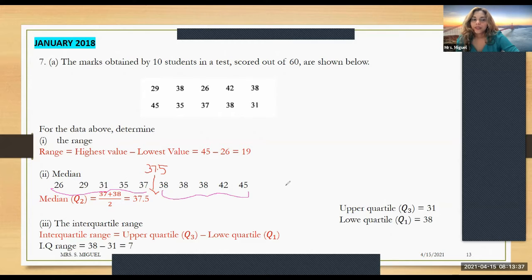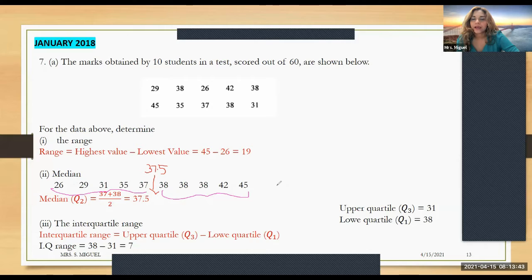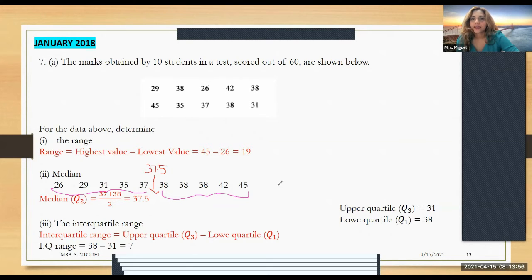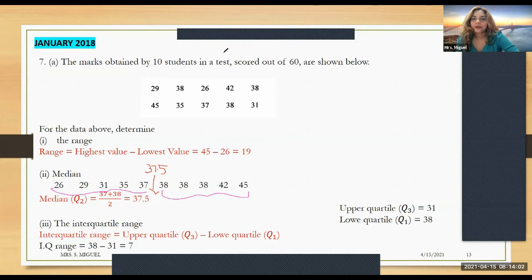The same way I was able to cross out the scores to find the middle value, I will do that to find the interquartile range. To find the interquartile range, I need to find the lower quartile, which is called Q1, and the upper quartile, which is called Q3.